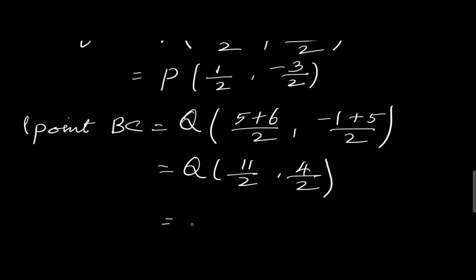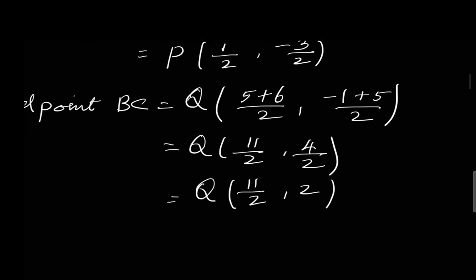You can still simplify this. Q is 11 by 2, and 4 by 2 is 2.